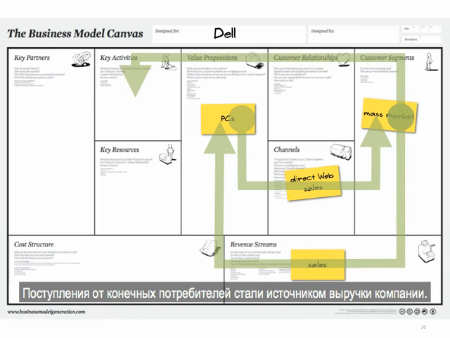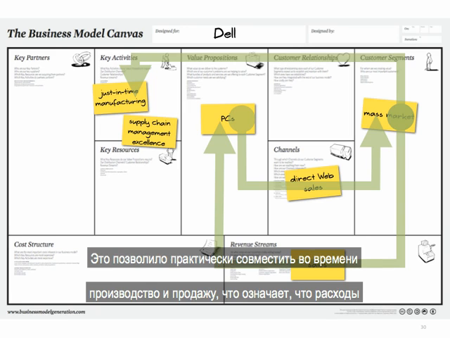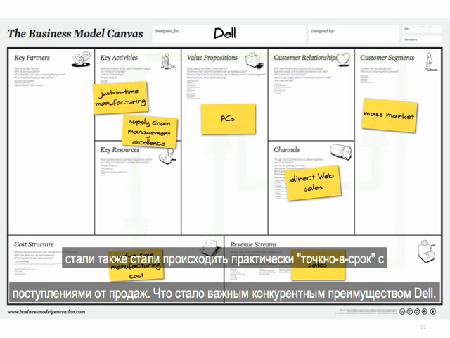But what's interesting in this model is that they started with just-in-time or perfecting just-in-time manufacturing, where they would only start to manufacture very closely to the moment that the sales were produced, which means the costs were just in time, the expenses were just in time, and much closer to the sales.